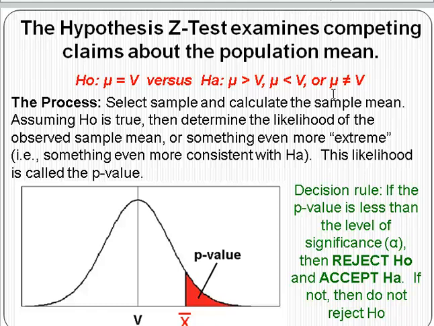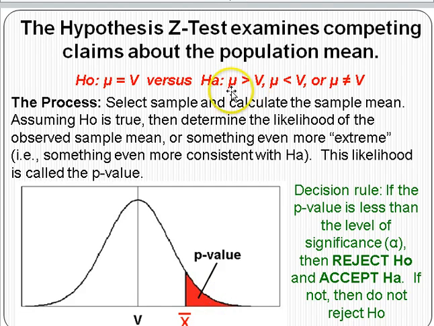Assuming that the null hypothesis is true, what we want to do is determine the likelihood of obtaining that sample mean, or something even more extreme. In other words, something that is even more consistent with the alternative.